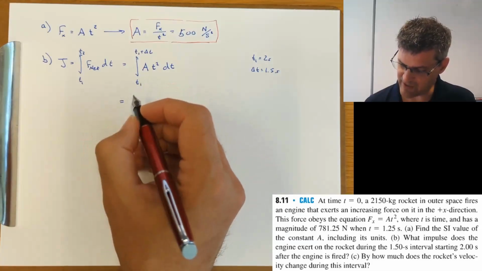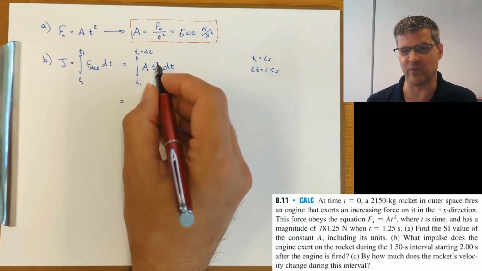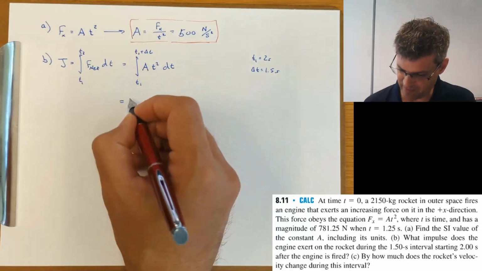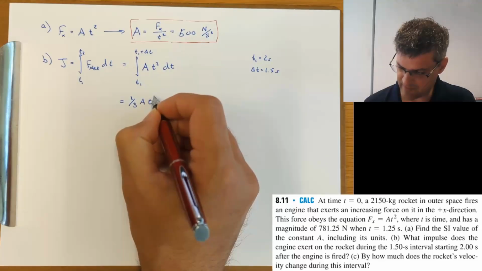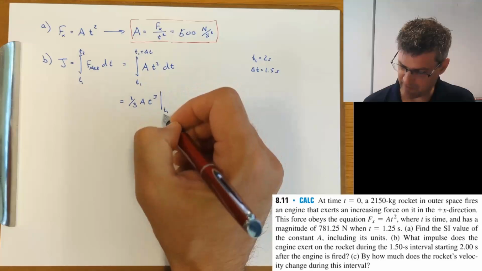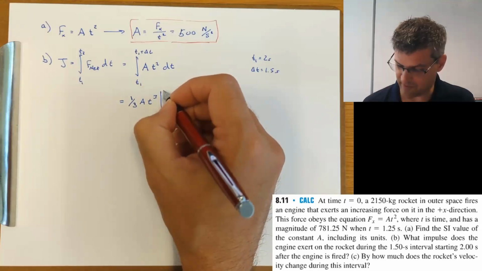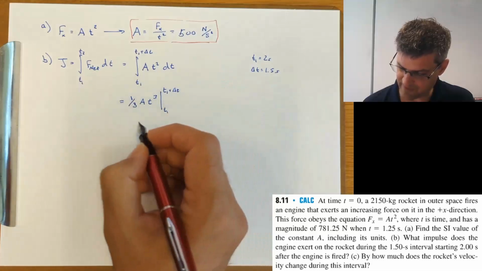Now a is just a constant, and t squared integrated is going to be 1/3 t cubed. That needs to be integrated from our first time to our later time, like so.